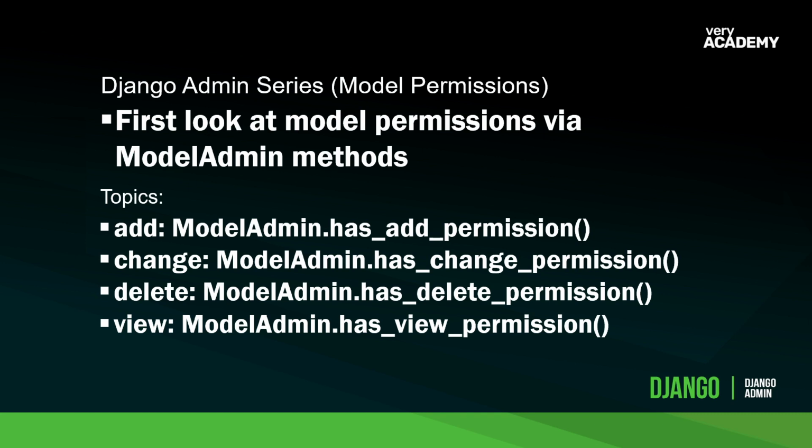We saw that there are two levels of permissions: user permissions, and direct model permissions via the ModelAdmin. Those are two key areas that we can utilize to help protect our data and manage the users and access to the data.